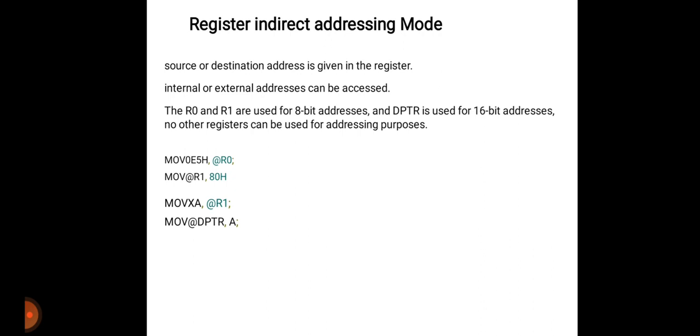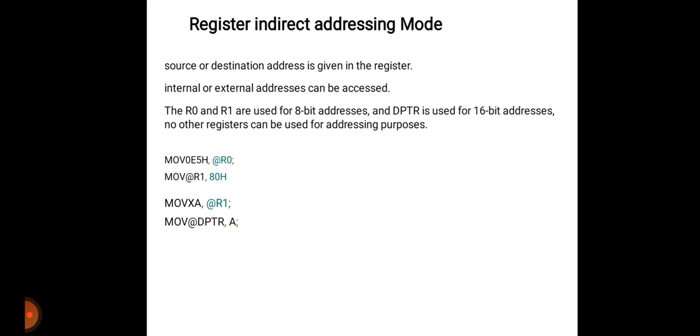First of all, MOV 0E5H, @R0 and MOV @R1, 80H. In these instructions, the symbol @ is used to represent register indirect addressing mode.